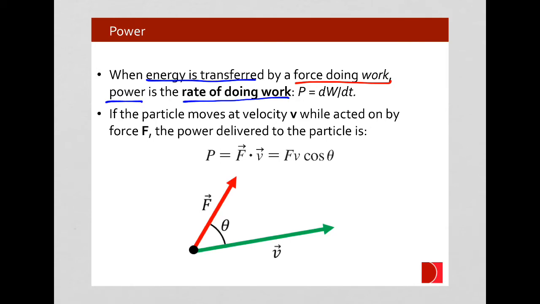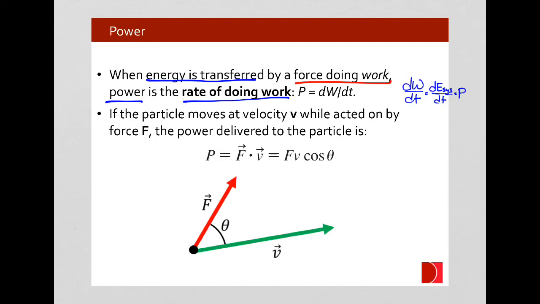We see often when we talk about the rate of doing work, that's another way of saying the time derivative of doing work is the same as the time derivative of the energy of the system, since the amount of work done will be an increase in the energy of the system, and both will be positive, or negative work will remove energy from the system, and the derivative of the energy of the system will be negative as well. In either case, this is the power being offered by that force.